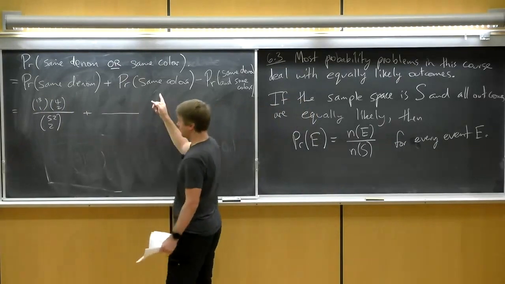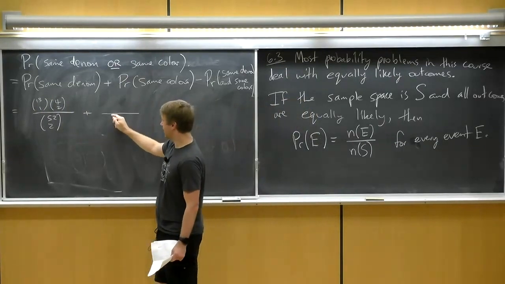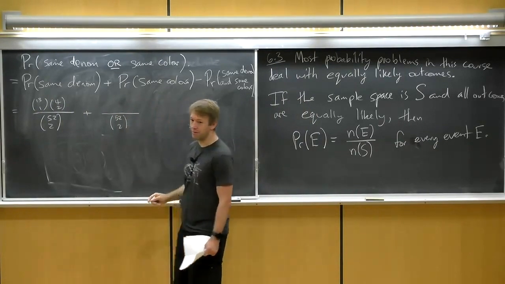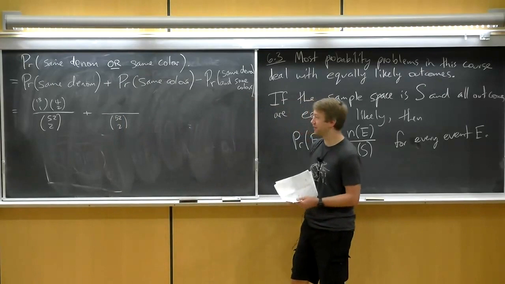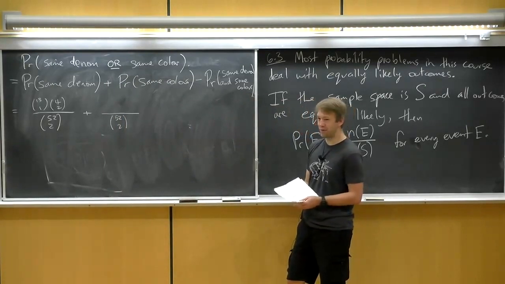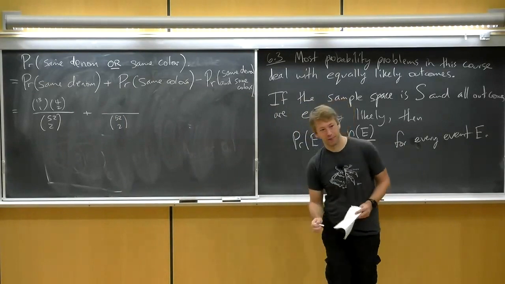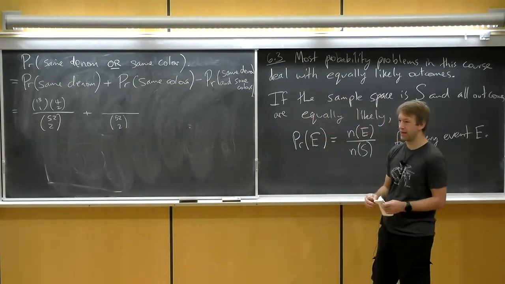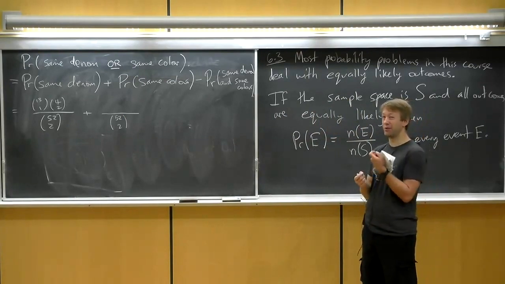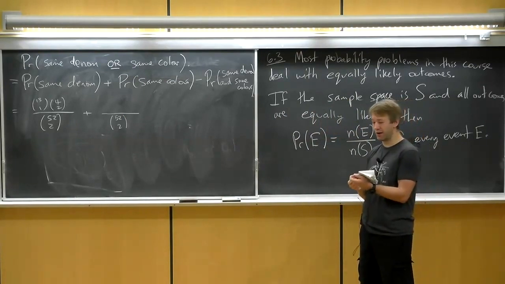Now the question is, what's the probability of having the same color? I'll start by saying the denominator is going to be 52 choose 2. But then what's the numerator? How many different ways are there to do an unordered selection of two cards of the same color?